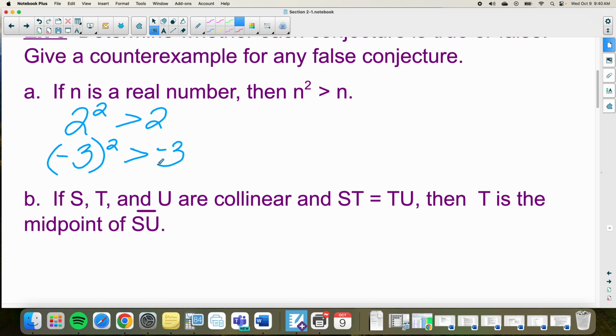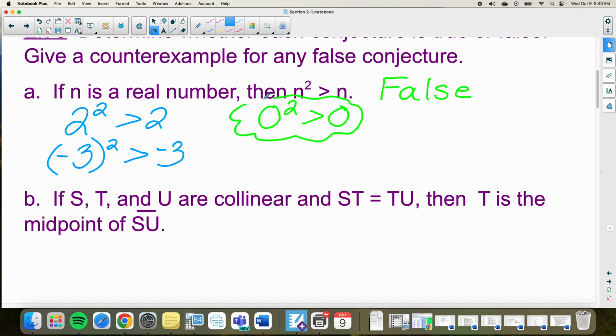So when you square a negative 3, it's 9. And 9 is bigger than negative 3, right? Then we've tried positive, we've tried negative, then let's try 0. Is 0 squared bigger than 0? No. That's one counterexample. So what you could do is say false, and this would be your counterexample.